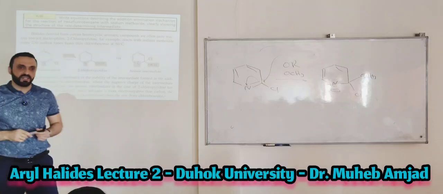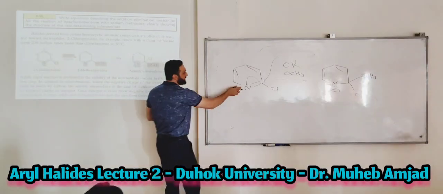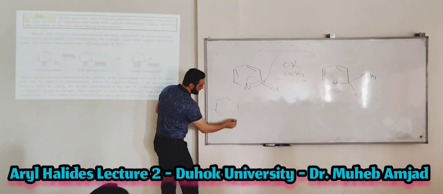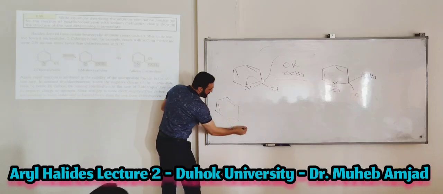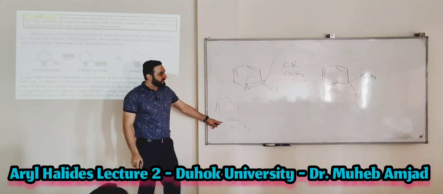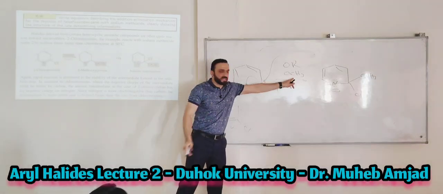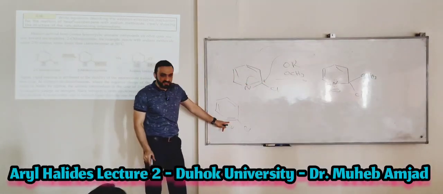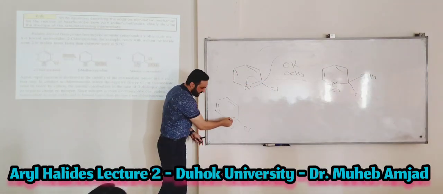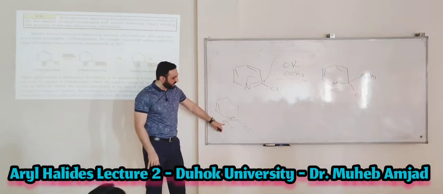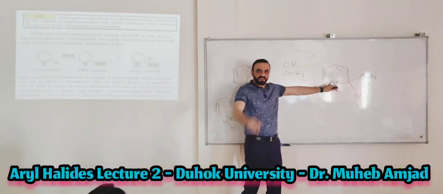On the nitrogen. If you compare this with chlorobenzene reacting with OCH3, negative charge will be on the carbon. Which is more stable, negative charge on the carbon or on the nitrogen?